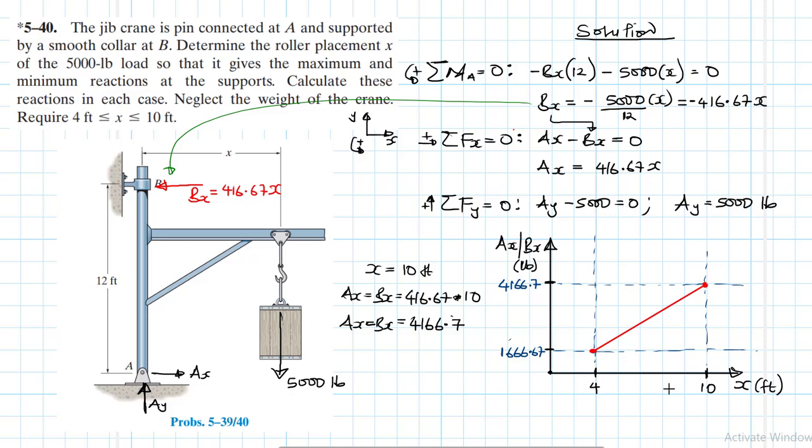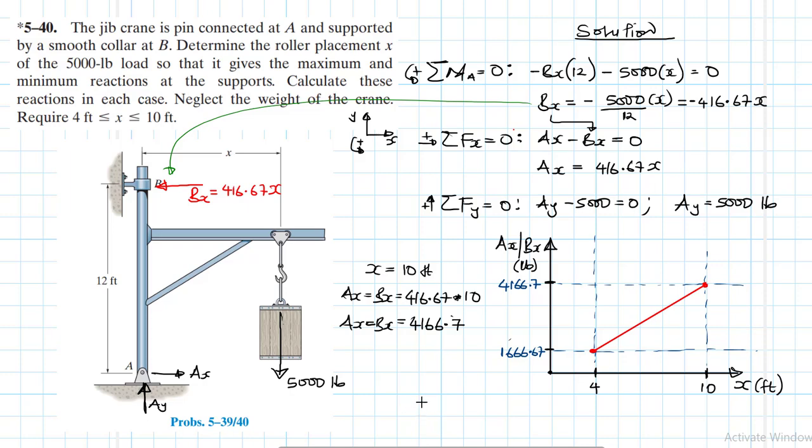So we have a maximum reaction at both B and A in the horizontal direction when the load is placed at x equal to 10 feet, and it keeps on reducing as we reduce the value of x. It's guided by this particular line.